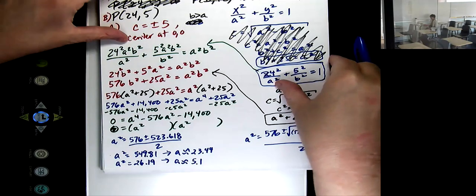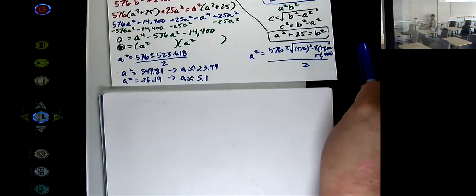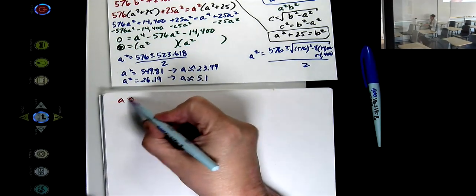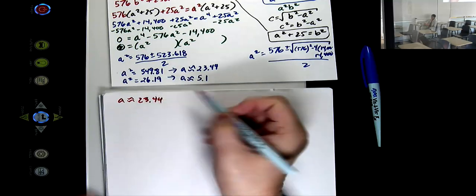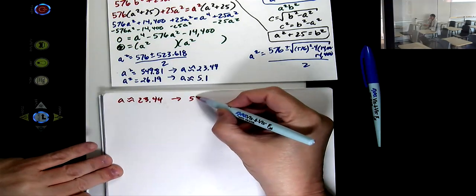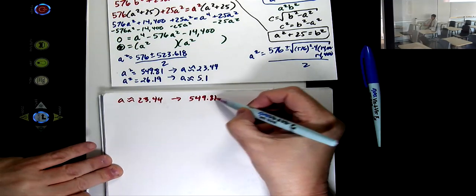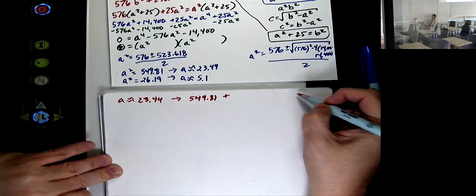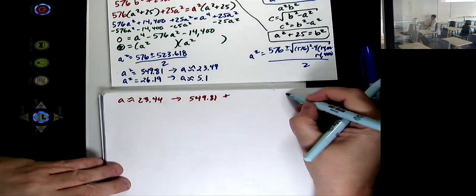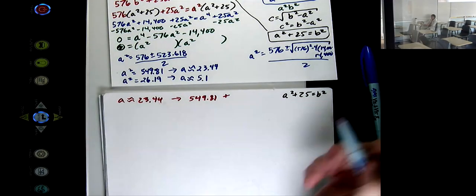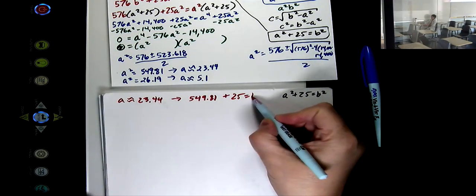So let's look at what the b squareds would be for each of those. If A is approximately 23.44 and A squared is 549.81, I'm doing A squared plus 25, that's what I'm plugging in, equals B squared.